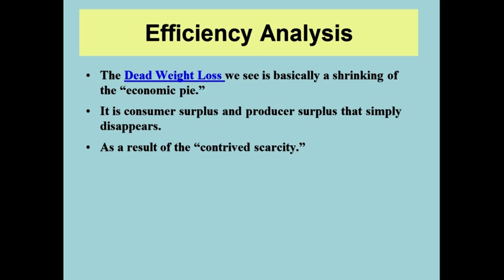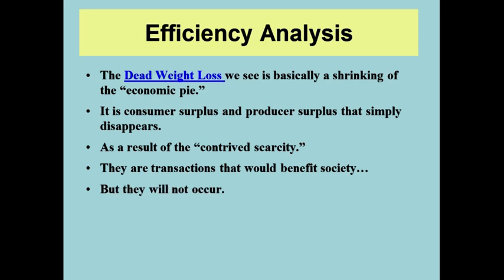As a result of contrived scarcity, what we're seeing again is output shrink. So as output shrinks, that consumer surplus and that producer surplus that were being generated simply goes away. It's important to understand that this really means that there are transactions that would benefit society, but these transactions between consumers and producers aren't going to occur.